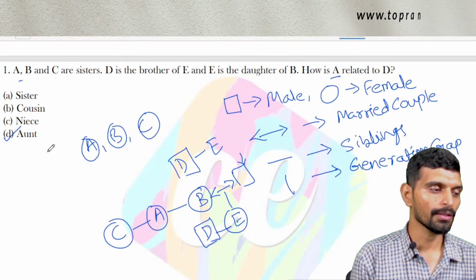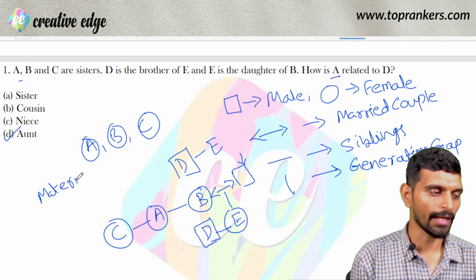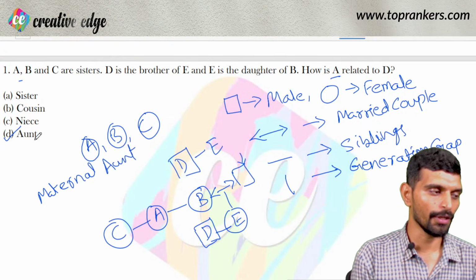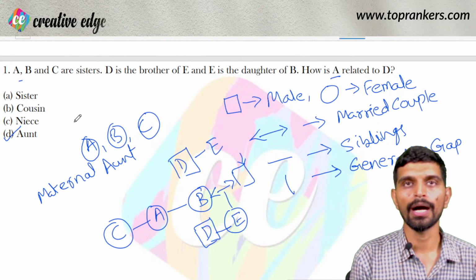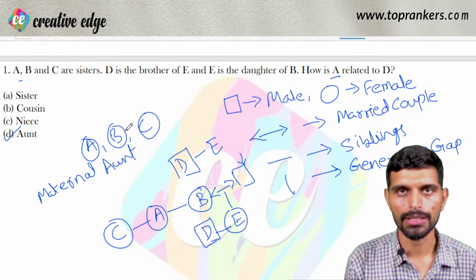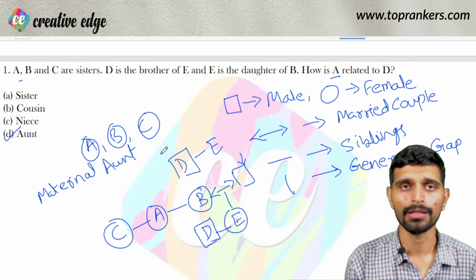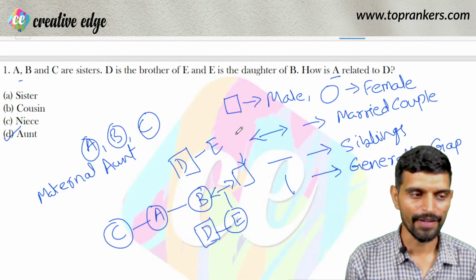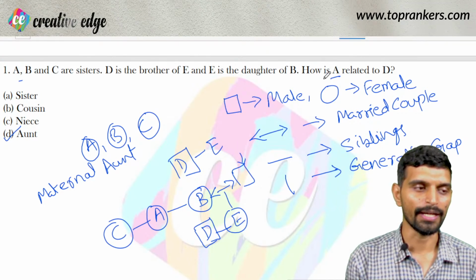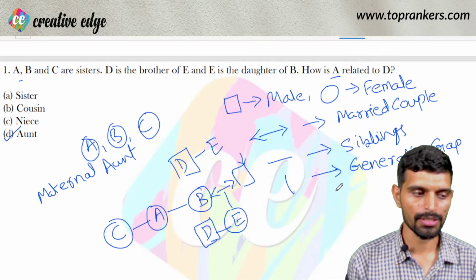In fact, had this been maternal aunt, the actual answer is maternal aunt, but in the given option choices, it is aunt. So please be careful while solving these questions about when it is maternal aunt and when it is paternal aunt. If you have any confusion in that, let's quickly talk about that as well. As of now, I hope this question is clear to you all.